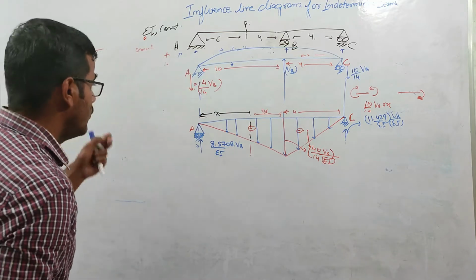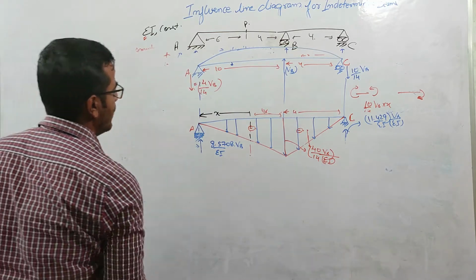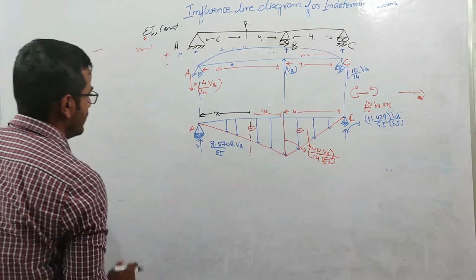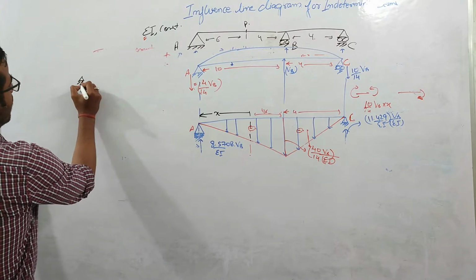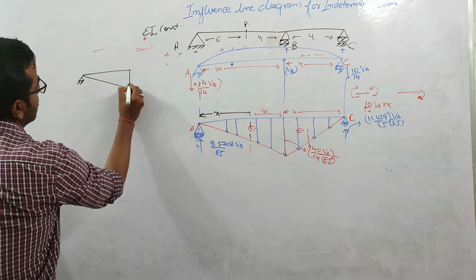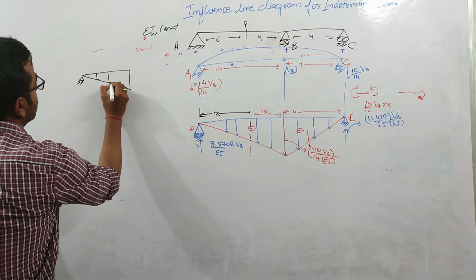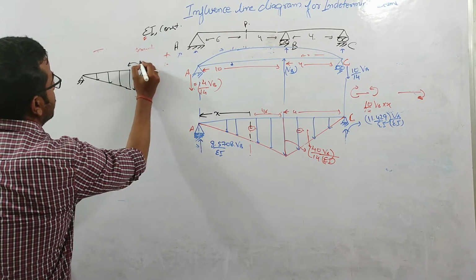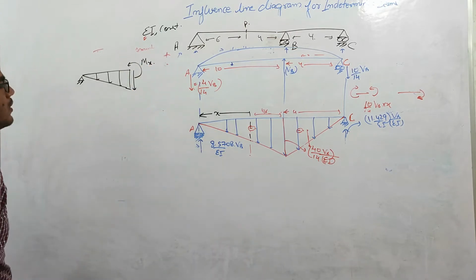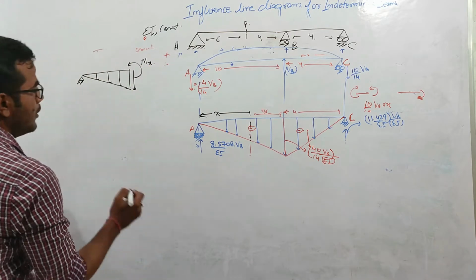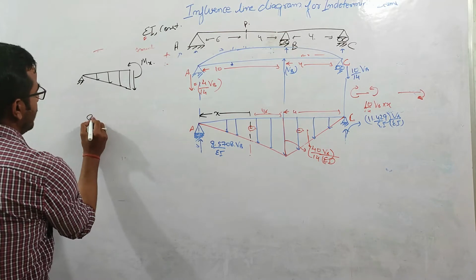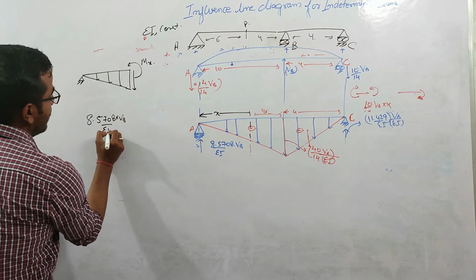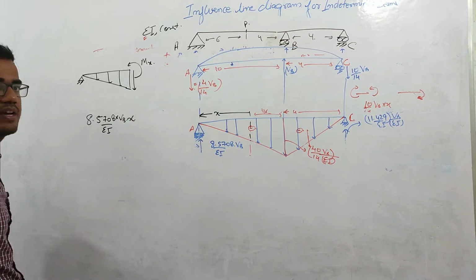We already know the reaction at A. To write the moment at a distance x, if we draw the free body diagram, it will look like this. Let us suppose this is the direction of the shear force and there is some moment Mx. Due to this reaction RA, the moment will be 8.5708 into VB over EI into x.